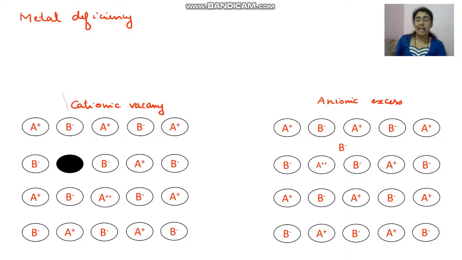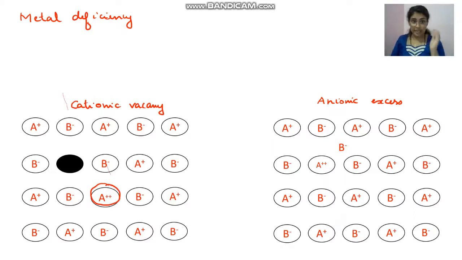Now, what is cationic vacancy and what is anionic excess? In cationic vacancy, one of the cations would be missing from the crystal system, but to maintain electrical neutrality, one of the cations would have two charges. Here we can see that this cation is having a +2 charge.